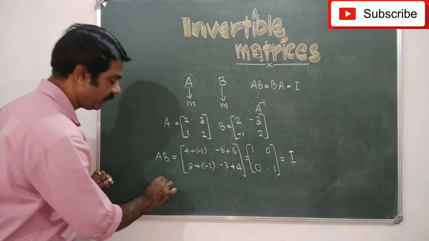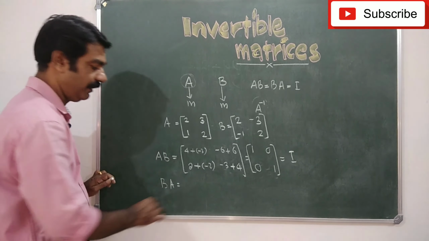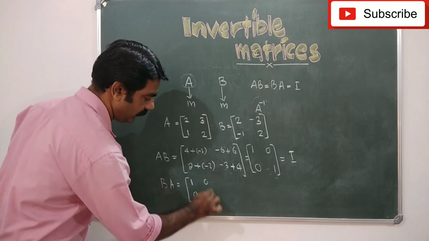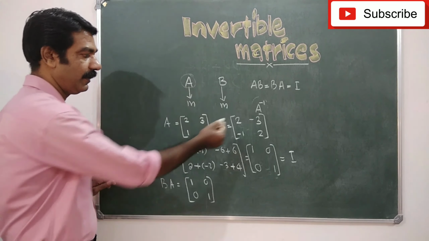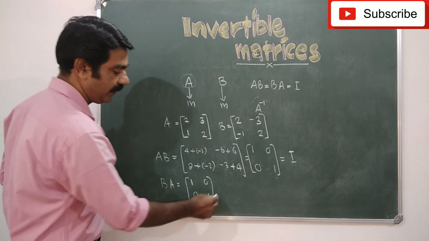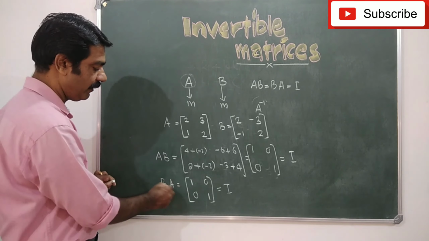Similarly, we can multiply B into A. You can see that the answer is again 1, 0, 0, 1. You can check yourself. Multiply B and A, and you can see that it is again an identity matrix. That means AB and BA are equal.